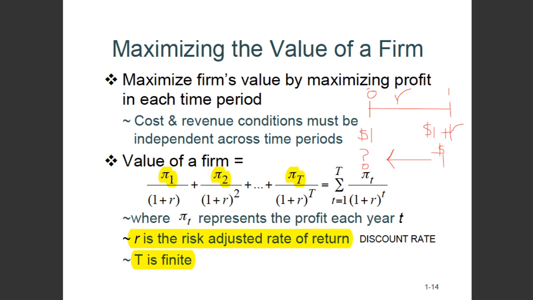So you see, I can compare these two and say, this is why you would prefer option one, $1 today against $1 in the future, because in the future that's worth 1 plus R. And I compare that to the dollar here.